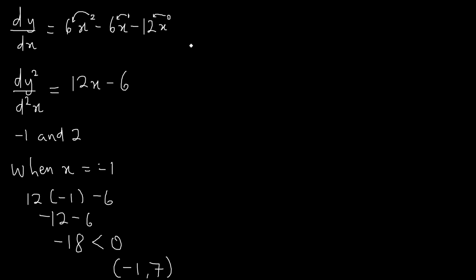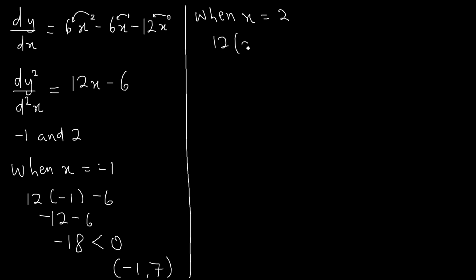What if x is equal to 2? So far as we've gotten the maximum point to be this, that means the other one is the minimum point. So when x is equal to 2, we input 2 into the second derivative. We have 12 into bracket 2 minus 6. This gives us 24 minus 6.